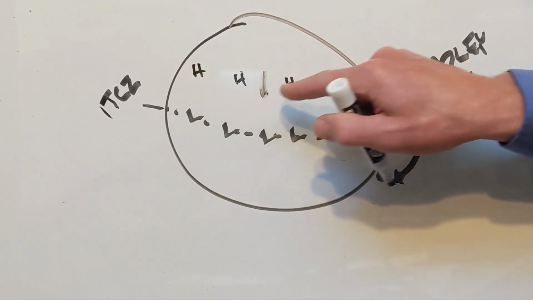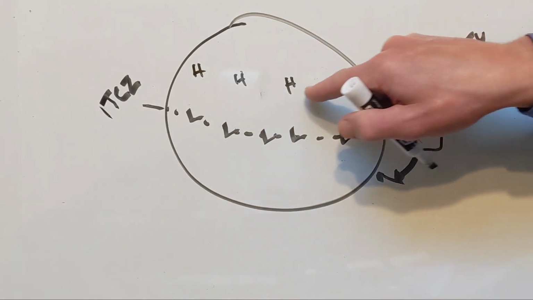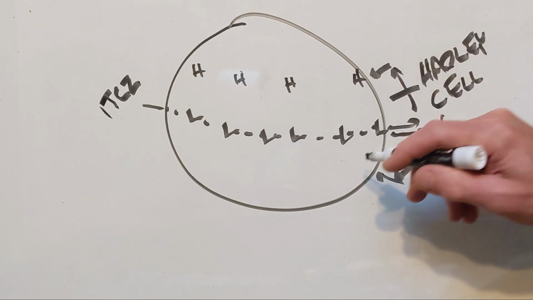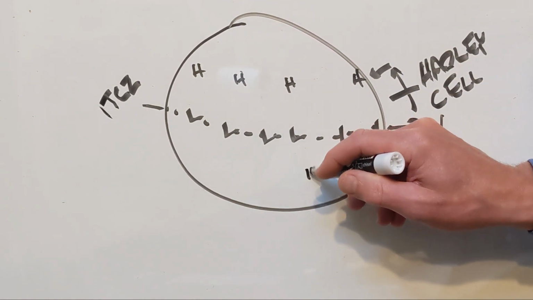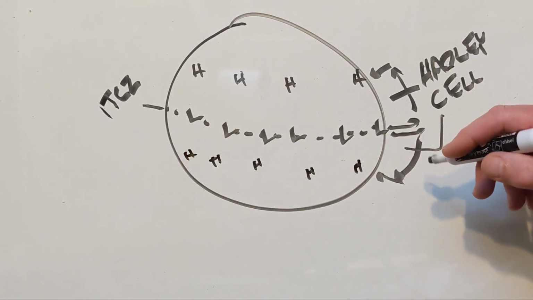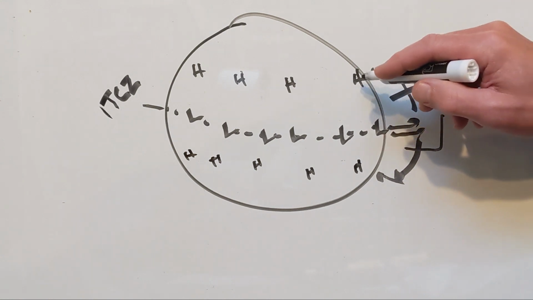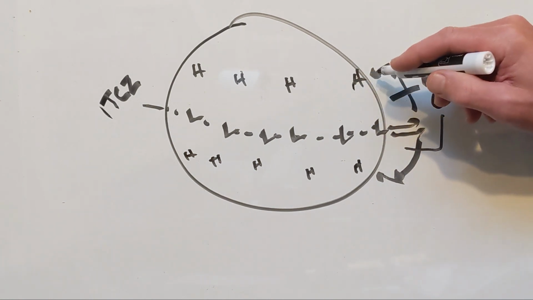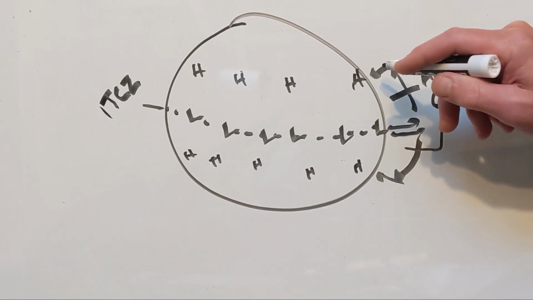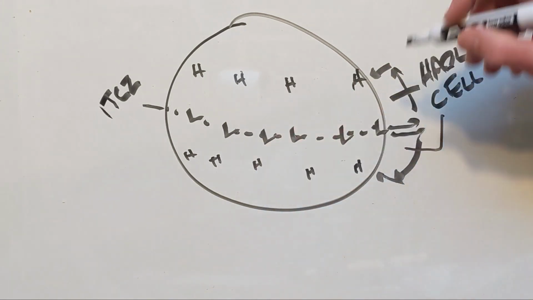Now this high is not as much a band as the ITCZ is, but there's high pressure along this area here about 30 degrees north and about 30 degrees south of the equator. What we observe here is that high pressure is because the air is descending. It's dry and warm air, so we notice a lot of desert formation along this band as well as here.